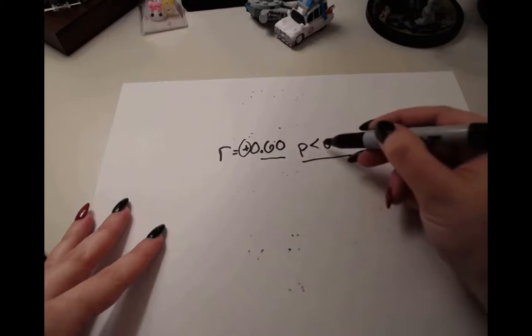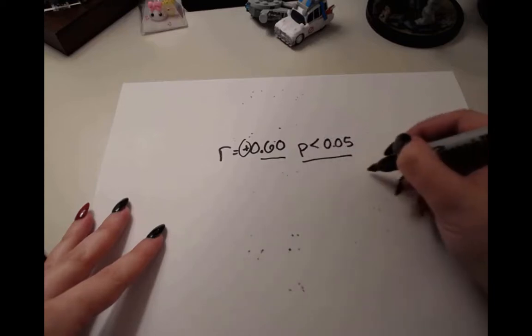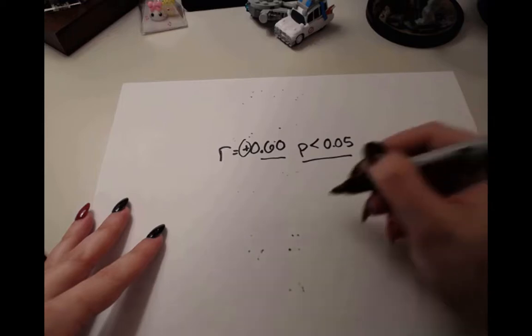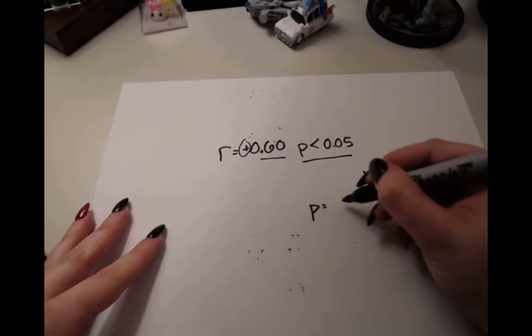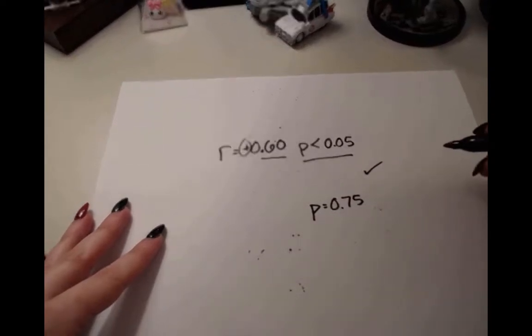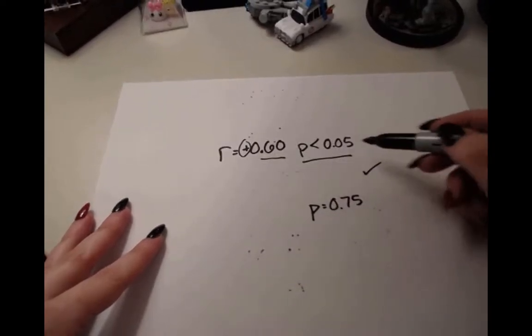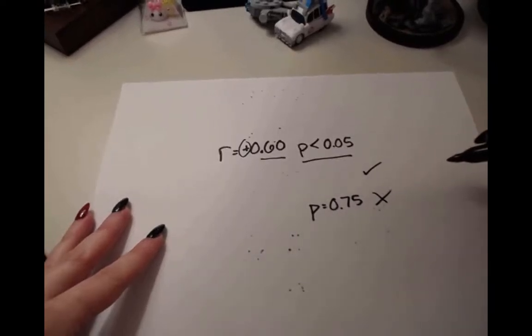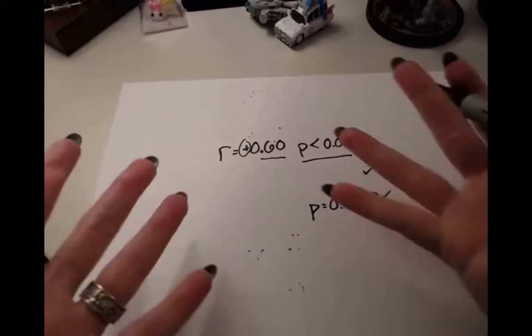And because our p-value is less than 0.05, we know that it's statistically significant, which means it is in fact a relationship. If your p-value was something like, let's say 0.75, that would mean it's greater than 0.05, and thus it is not statistically significant. And that means it's in fact not a correlation.